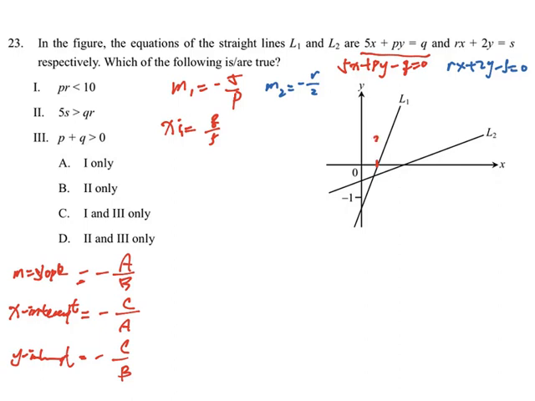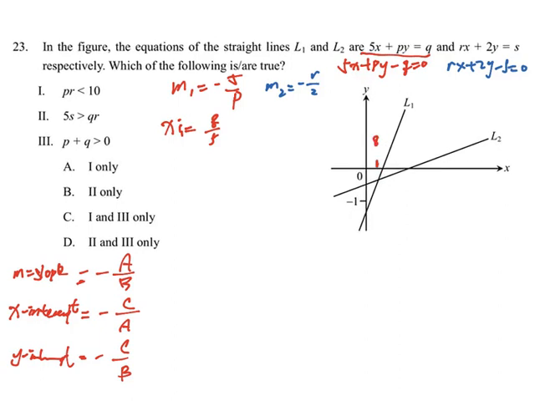So q over 5 for this one. And then for line 2, negative c over a for the x-intercept, it is negative c, that means s over r. So this one is s over r.